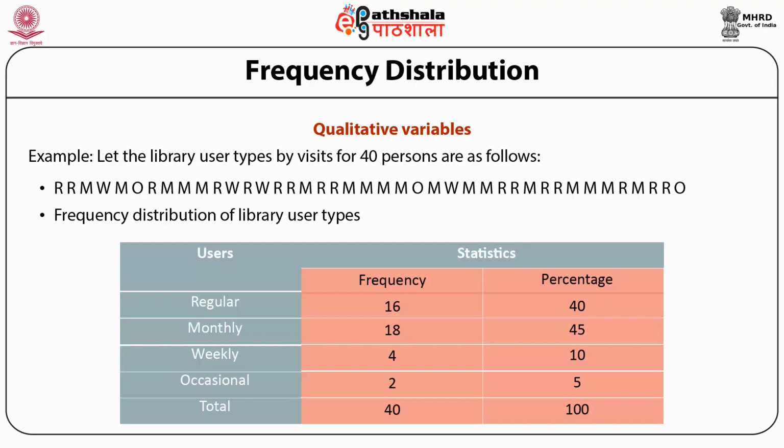You draw a conclusion like this: out of the total visits in this particular library in this particular month, mostly regular and monthly users can be found, because they are making 40% and 45%, that is a total of 85% of the total number of visits, at regular or monthly intervals. That is the conclusion I am drawing based on this statistics.